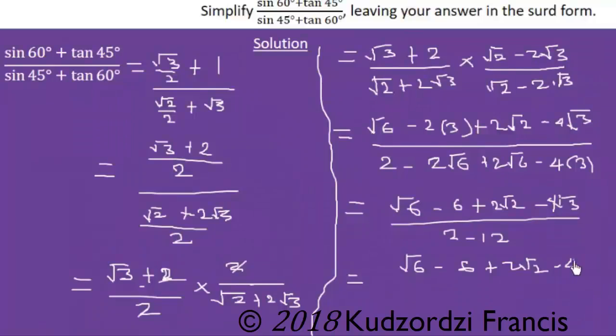So minus 4 root 3 over here, all over negative 10.